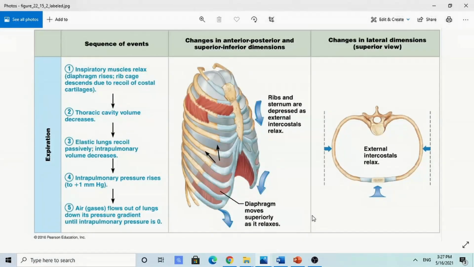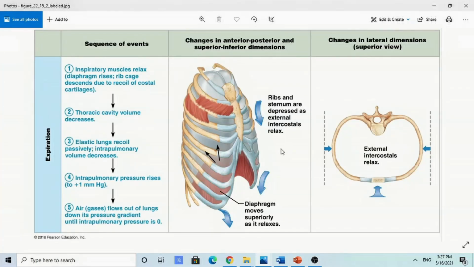As volume decreases, pressure in the lung increases, becomes higher than the atmospheric pressure, that causes the flow of air out of our lungs into the atmospheric air. This is what this picture demonstrates.